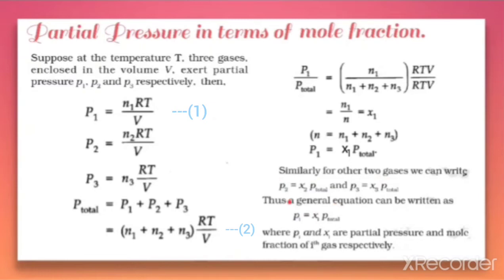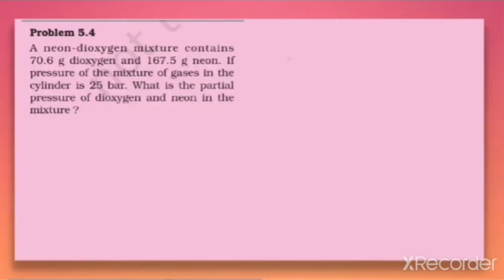It is an important relation: the partial pressure is equal to the mole fraction into the total pressure. In the textbook, one of the solved problems needs to be discussed here, problem number 5.4.